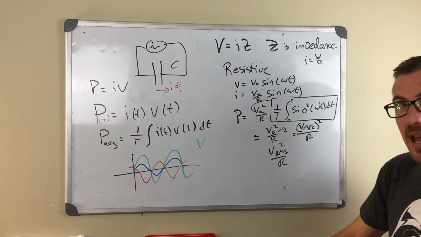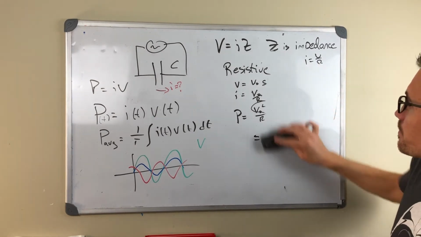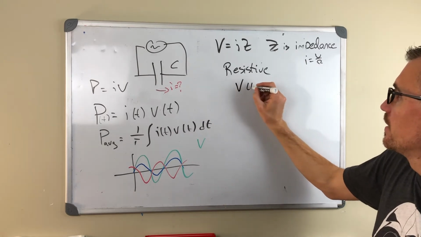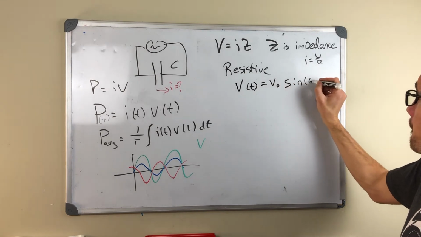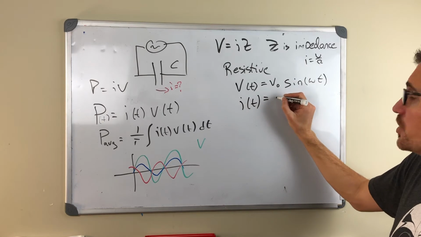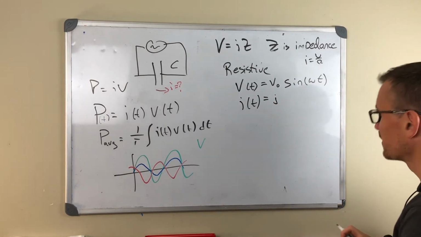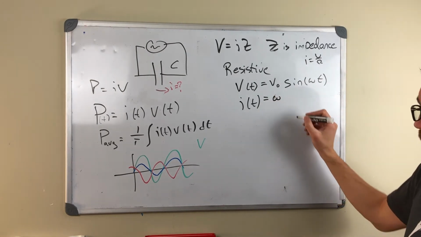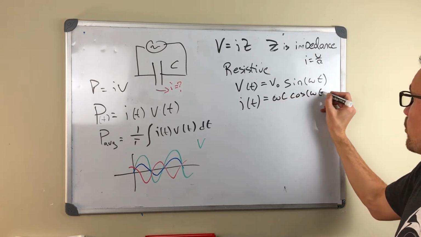Let's look at a capacitive load, a reactive load. We'll just do the same math. So now we have V of t equal to V naught sine omega t, and I of t in this case is equal to, there's no j because we're using sines and cosines, omega C cosine of omega t.